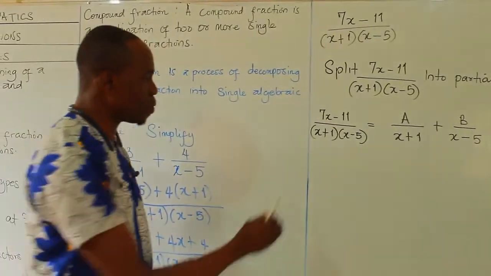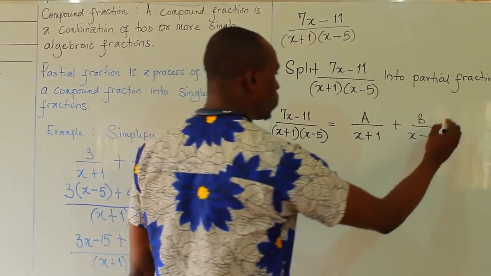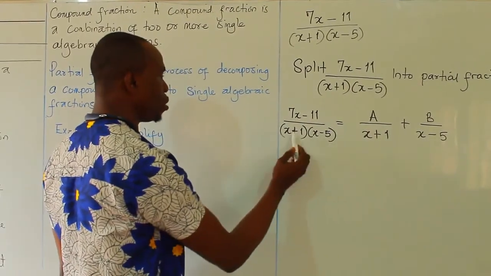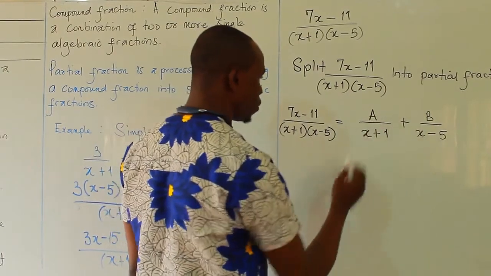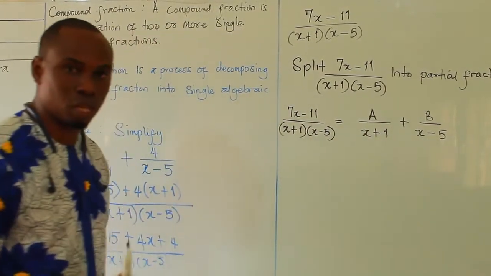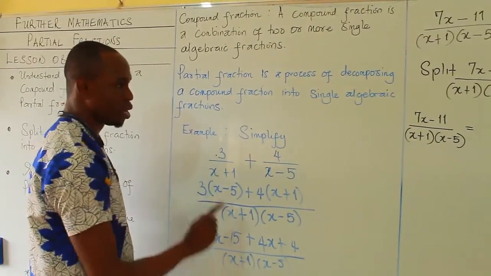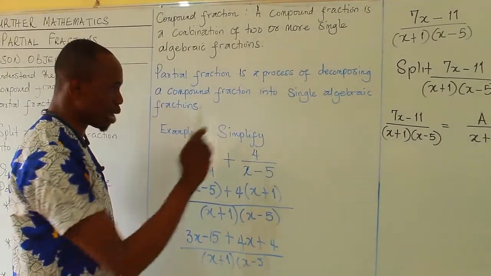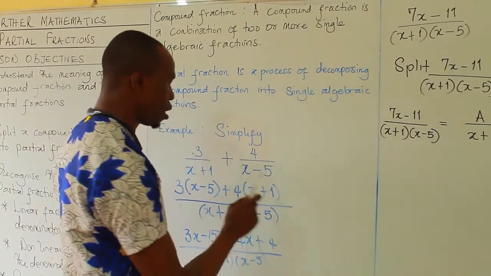Meaning if you had 3 linear denominators, we would have had plus c over that denominator. But because we have 2 linear denominators in this situation, we wrote a over the first one and b over the second. Our aim is to make sure that a is equal to 3 and b is found to be 4. So in my solving, I must get a as 3 and b as 4.